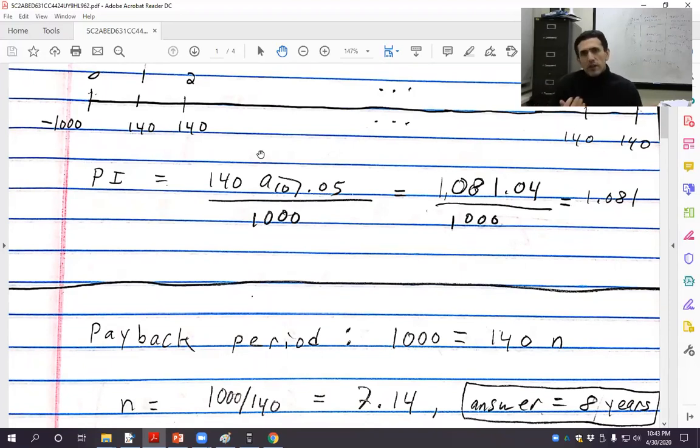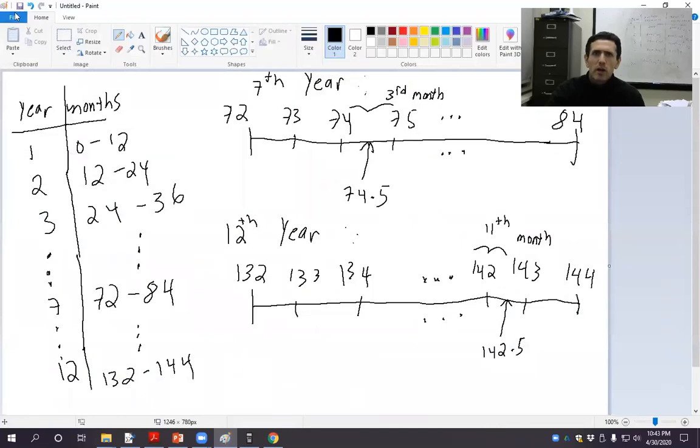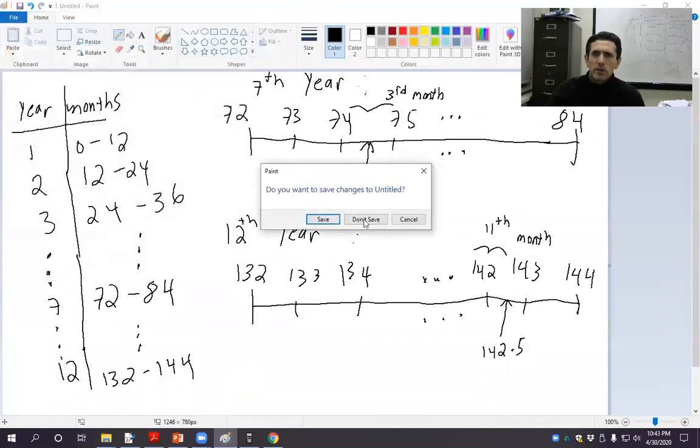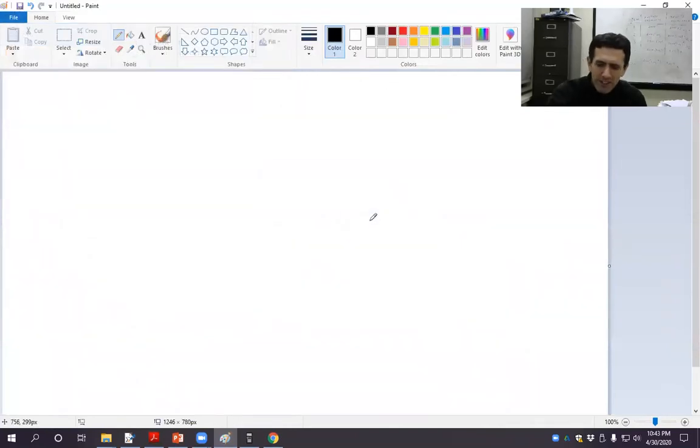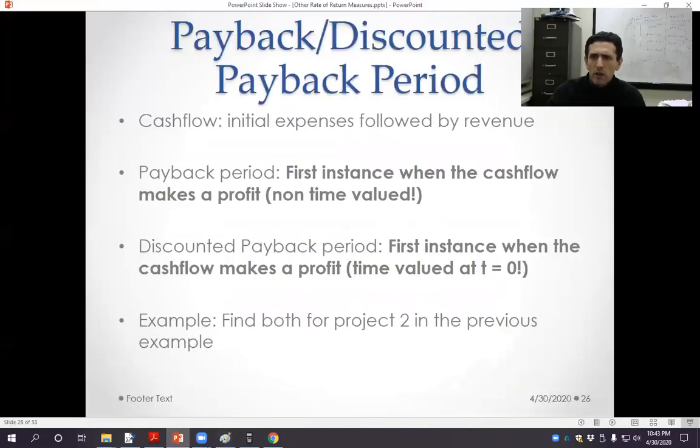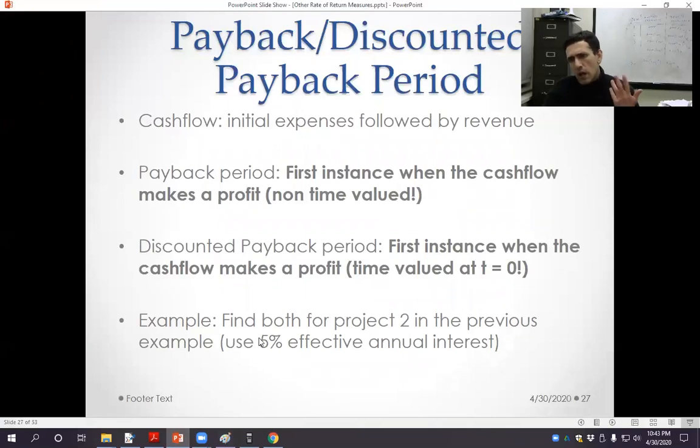So let's set the situation up there. For the discounted payback period, let's use 5%.